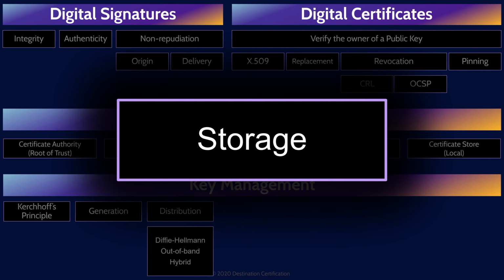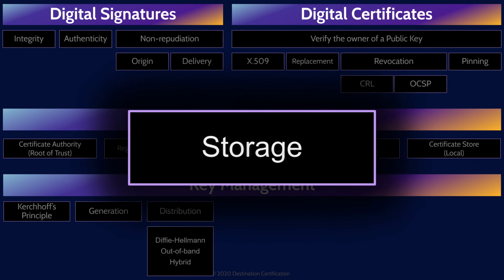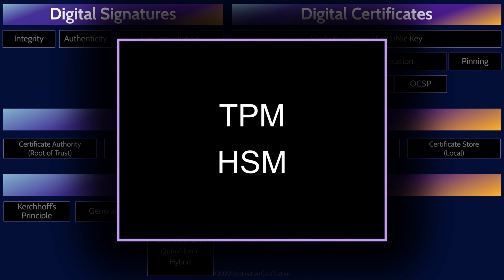When keys have been created and/or received, they need to be stored in an extremely secure location. There are two pieces of hardware that are purpose-built to securely store encryption keys that you need to know about. TPM, Trusted Platform Modules, are little tiny computer chips that are built into endpoint devices like a desktop, laptop, or mobile phone.